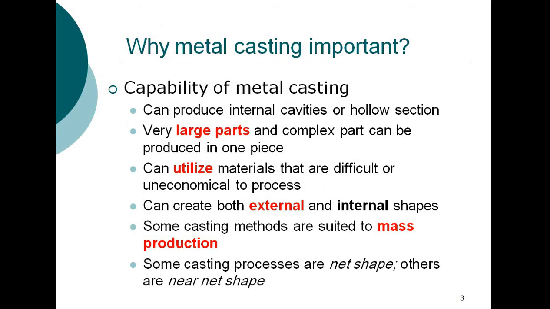This is the advantage of metal casting: it can produce external and internal cavities, hollow sections. It's easy to understand, it can make very large parts, and it also makes good use of material. For example, if we have 10 kg of material, we use all 10 kg to make the part, rather than machining, where we have 10 kg and about 50 to 80 percent will be waste.